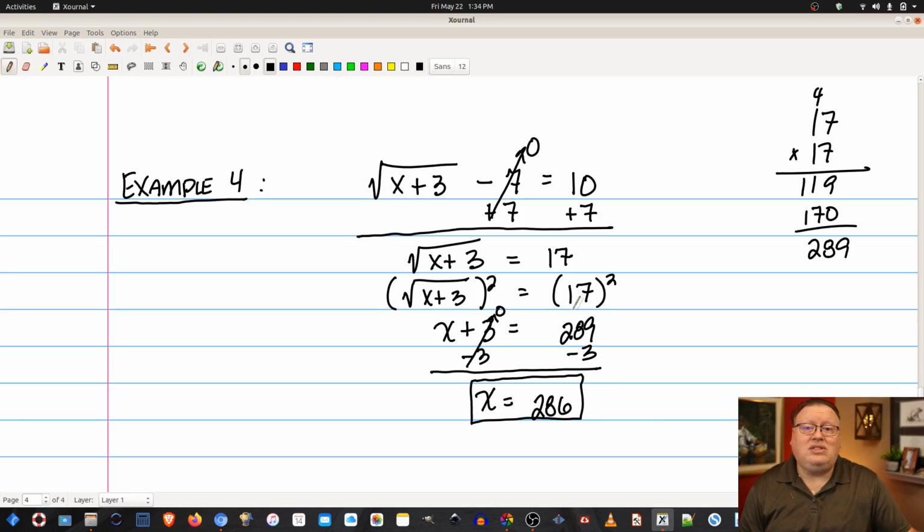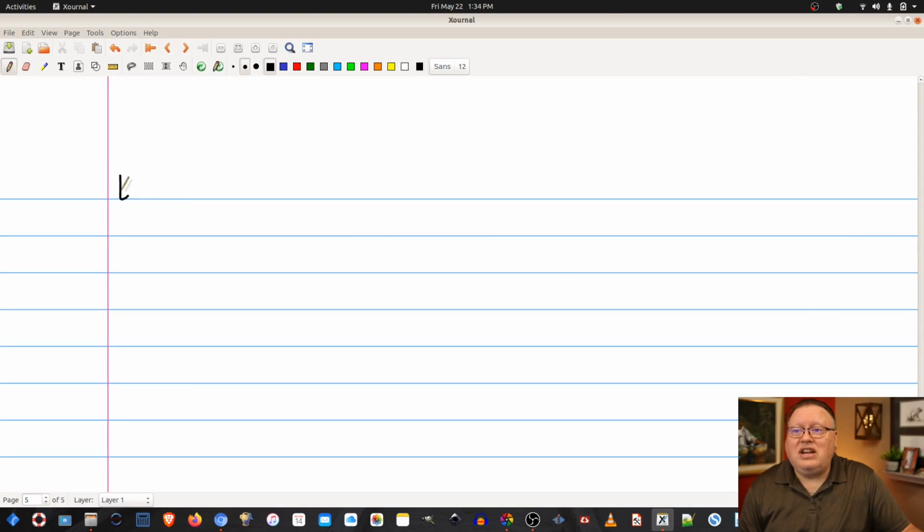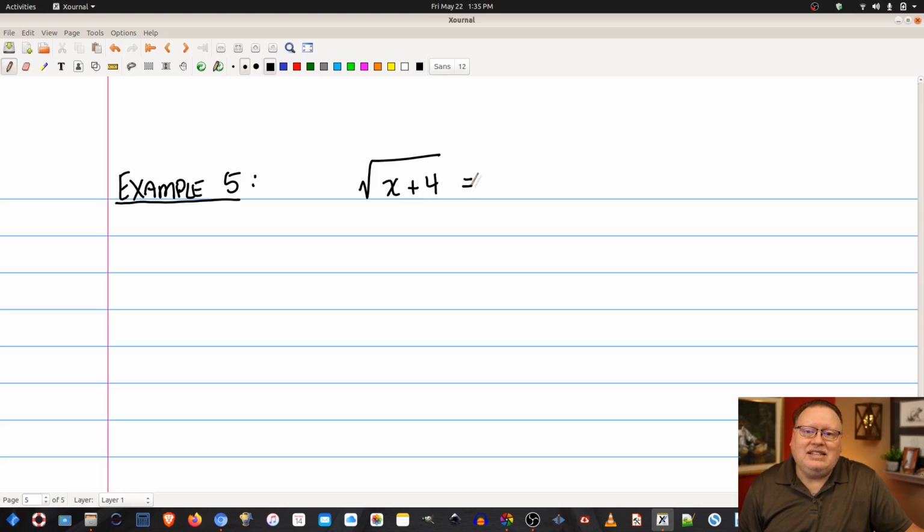So now let's look at another problem. Moving on, we're going to look at example 5. Now example 5, we're going to say the square root of x plus 4 is equal to x minus, we'll say 3.